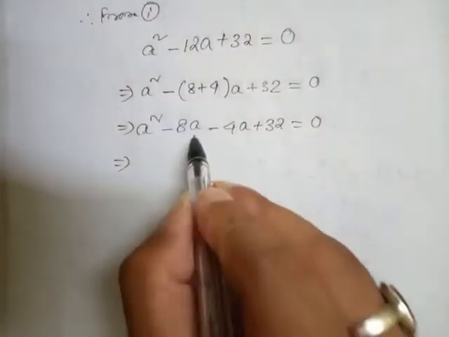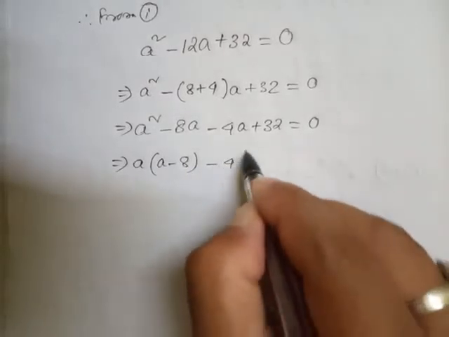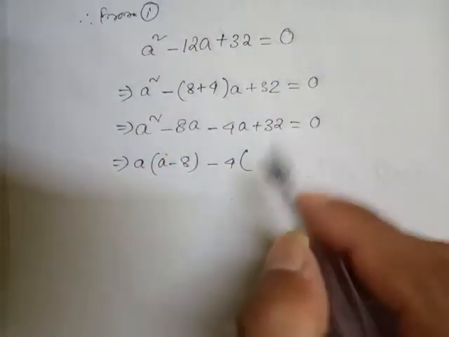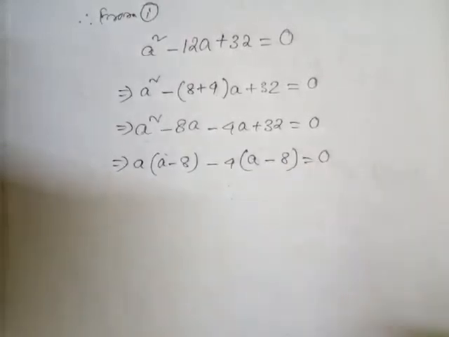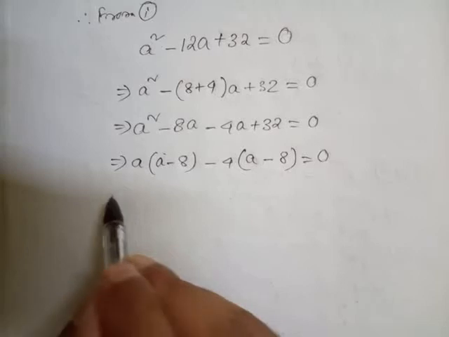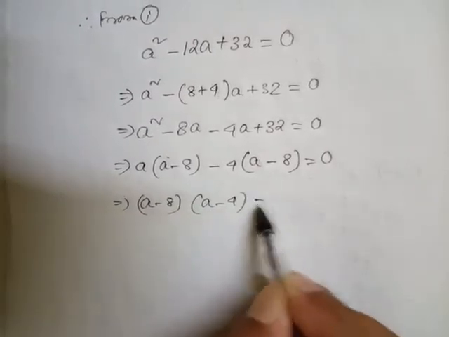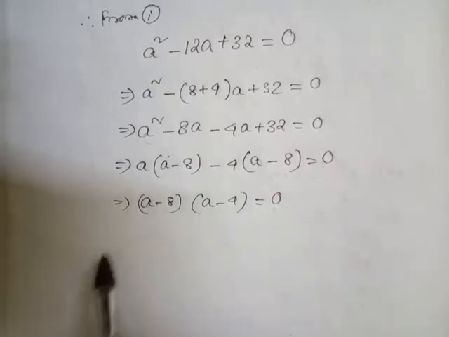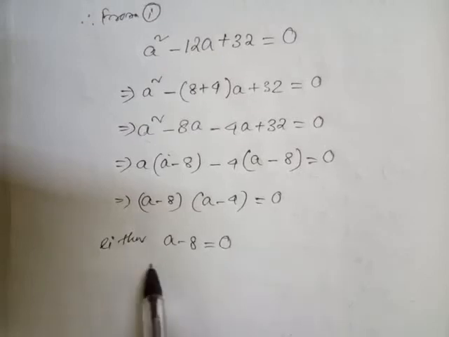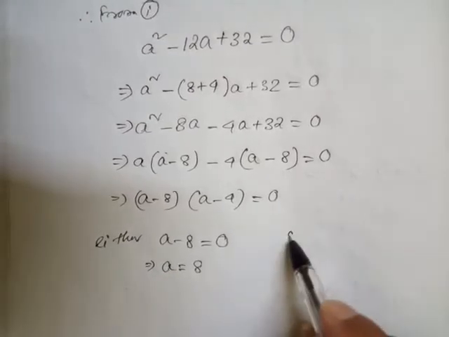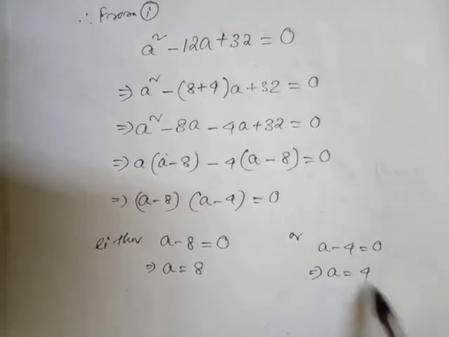After that student, from here if I take a common, so a minus 8, and from here minus 4 common, then here will be a minus 8, 4 8s are 32, then 0 here. So in the next step, a minus 8 and a minus 4 equal to 0. Now look, either a minus 8 equal to 0, so a equal to 8, or a minus 4 equal to 0, then a equal to 4.